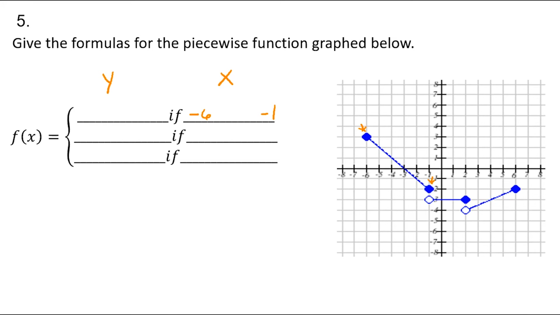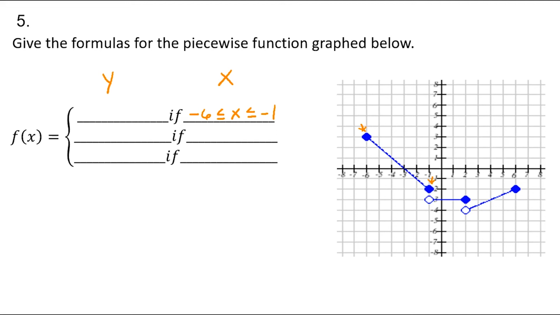All right, so I know that my x has to fall in between these two values, right? It has to be between -6 and -1, and of course the question is, can I include -6 and -1? Yes, because these are closed circles. So that means I have these less than or equal to inequality signs.